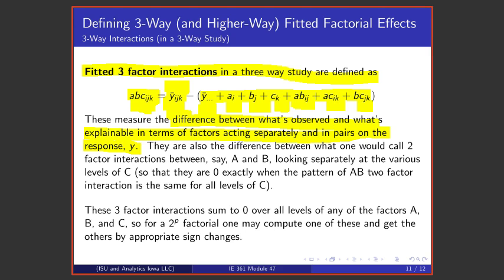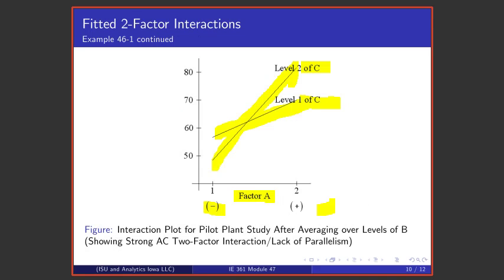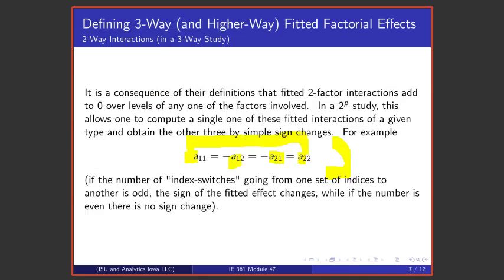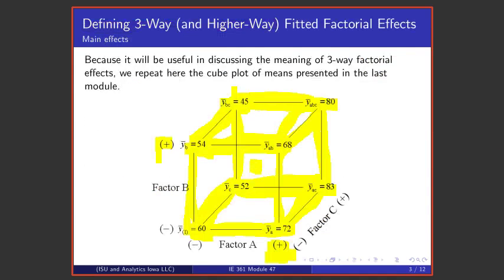As it turns out, it's also the difference between what one would call two-factor interactions between A and B, looking separately at the levels of C. Okay, so the point here is that if I took this plot and asked about, on the top here, AC interactions, and then on the bottom asked about AC interactions.